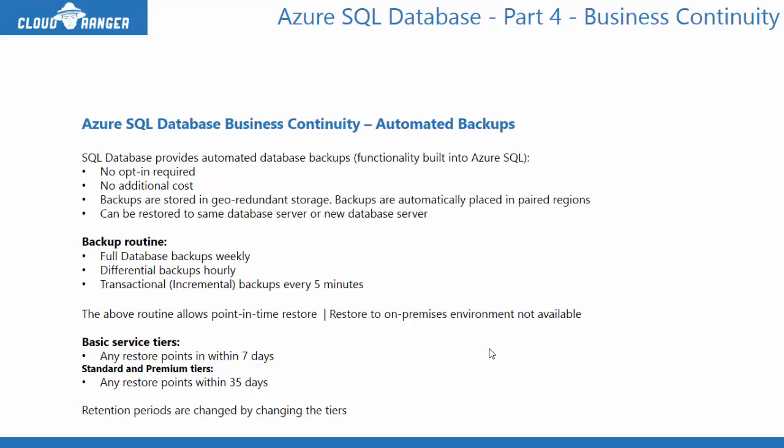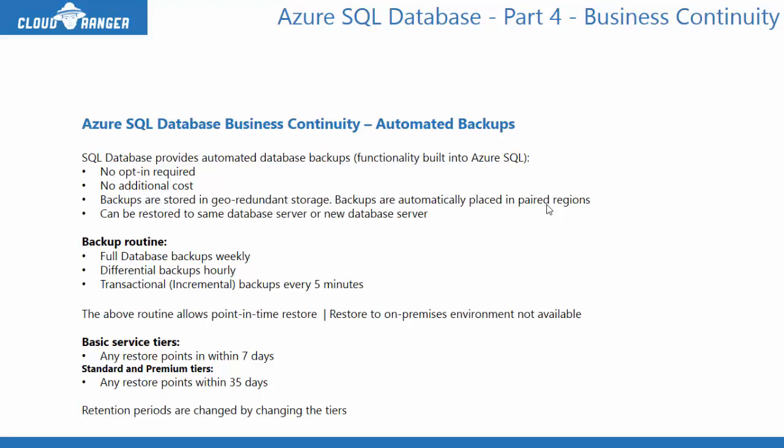Before I go to the demo, I want to show you what paired regions mean. I might have touched on this back when I was doing a storage accounts session, that geo-redundant storage will always have your data in a paired region. That means, let's say you are in Canada Central, it will be paired with another location, which will be, let's say, Canada East.